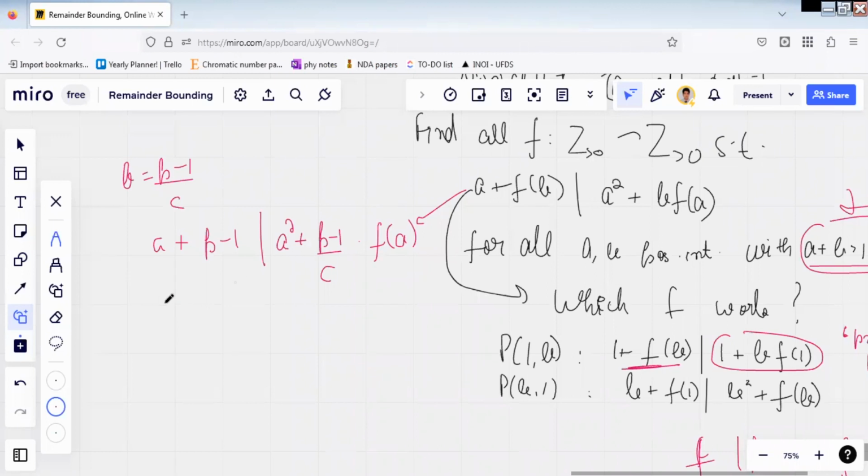Multiply the left side, a plus b minus 1, times a and subtract it from the right part.